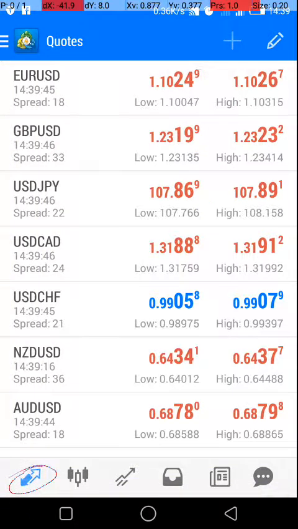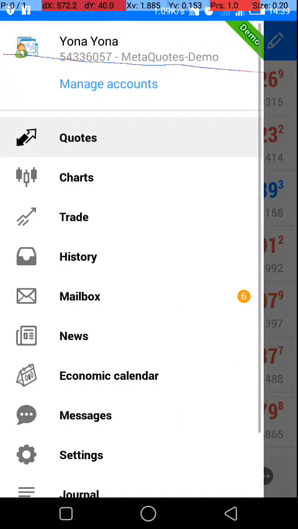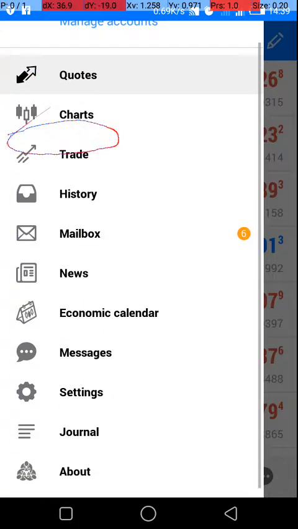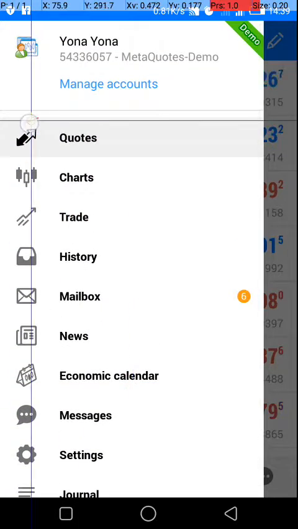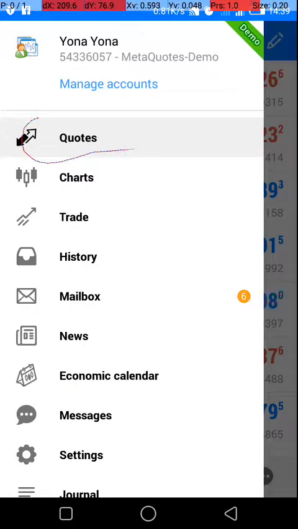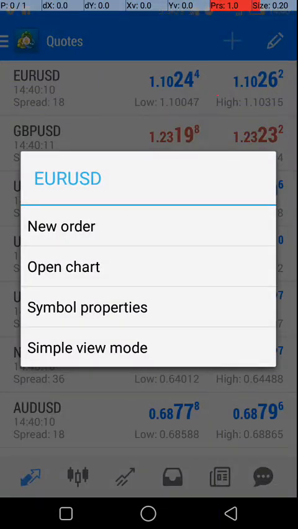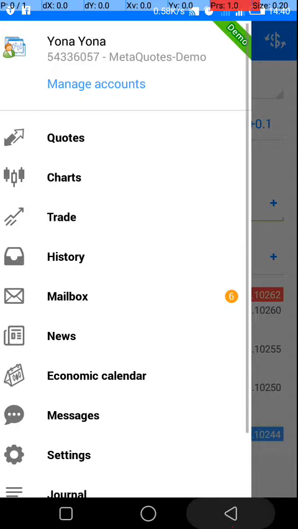So the first part is the quotes. As you can see from the bottom navigation here, quotes is where our currency pairs appear, so you can tap one of them and start trading right away. You can hold one and go to new order, so that you can open positions to start trading.